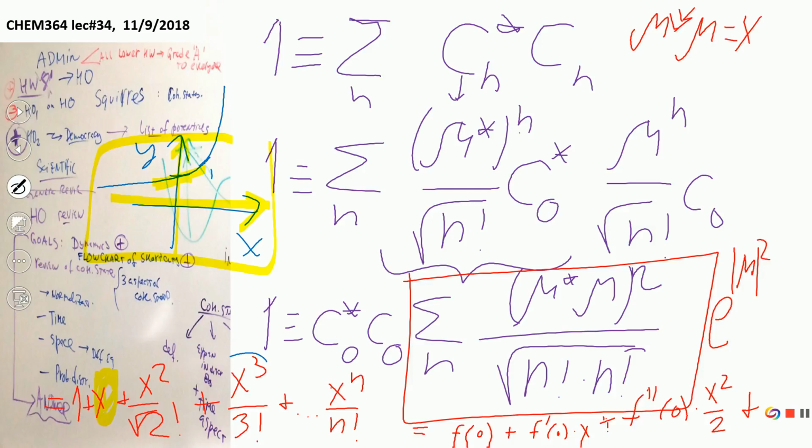Okay, so now let's read the equation. 1 equals c star naught c naught times e to the power of the absolute value of mu squared. Can we solve it for c naught? If you assume that it is real, then we divide both parts by e to the power mu squared and take the square root.